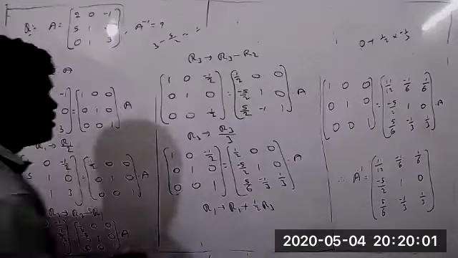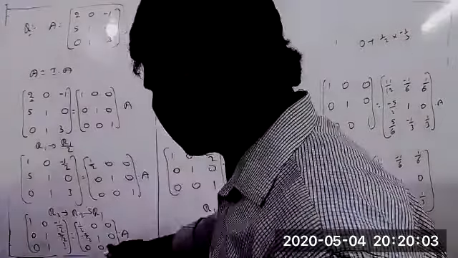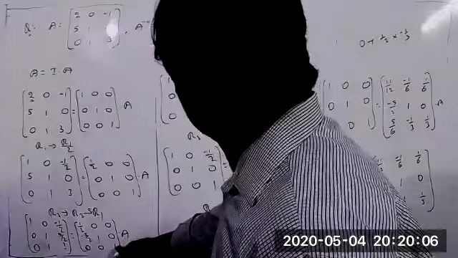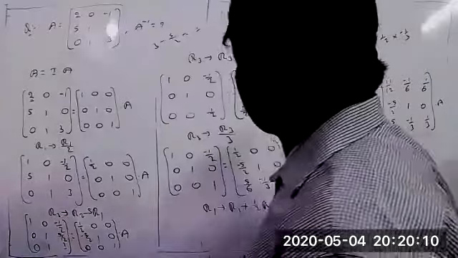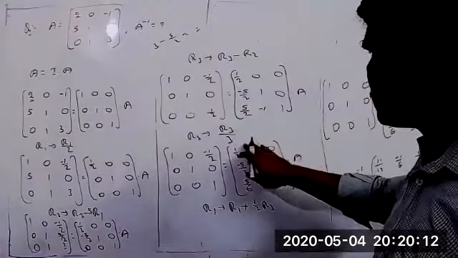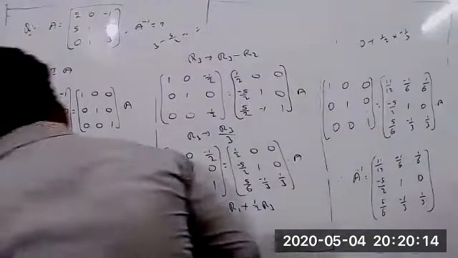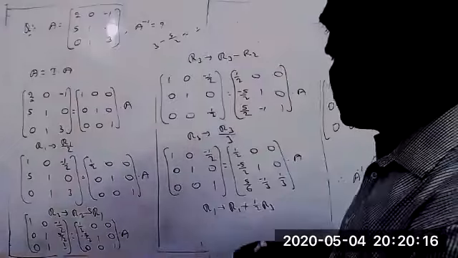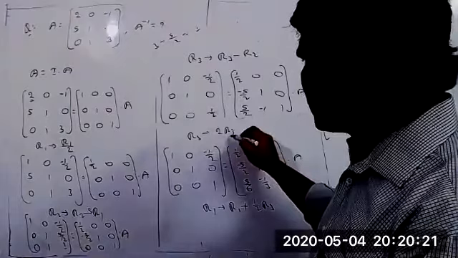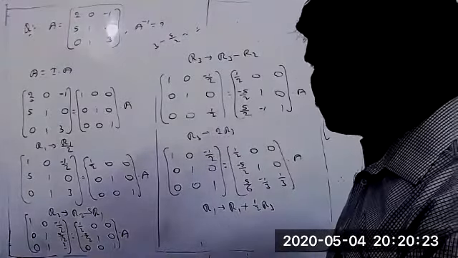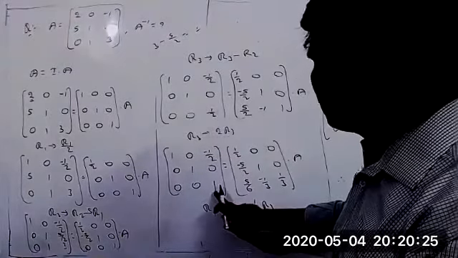Now what about this value? This is correct only. Here now 1 minus 0 equal to 1. This is correct. Now this operation will be different. Yes, because the 1 by 2 means compulsorily you can multiply by 2. It means you can take 2 into R3. 2 into R3, now we get 1 now.